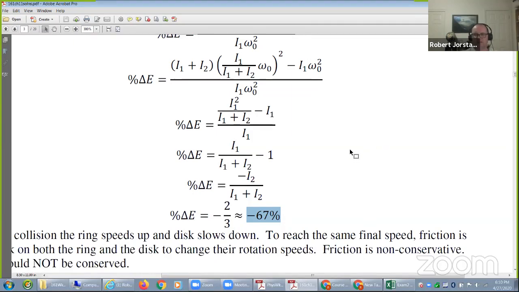So I'm going to put that in the chat just to make sure. So just to be clear, you don't want to say you lose negative 67. Got it? Don't say lose negative 67. You lose 67 or you change by negative 67, but don't say the lose negative.